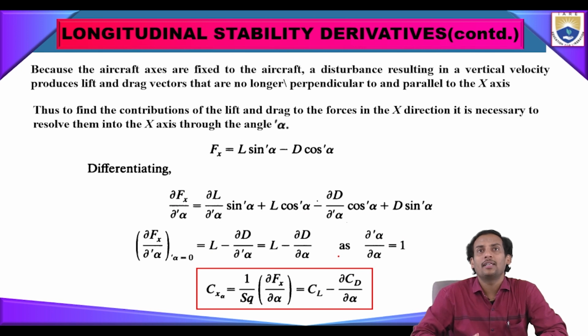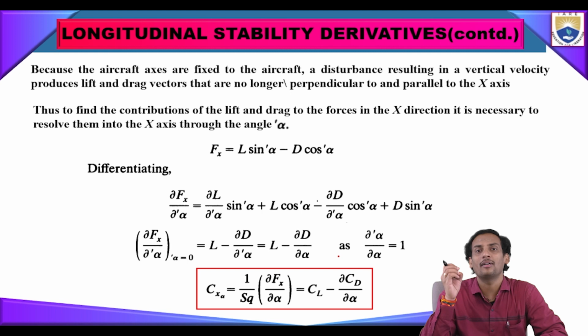Because of this, aircraft axes are fixed with the aircraft, like a body axis system is fixed with aircraft incidence. So the disturbance resulting in a vertical velocity produces lift and drag vectors that are no longer perpendicular and parallel to the x-axis. So these forces may not be totally perpendicular with the body axis system.